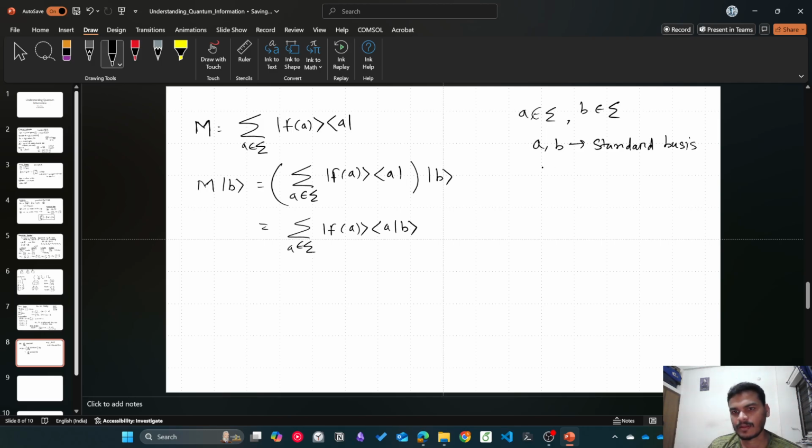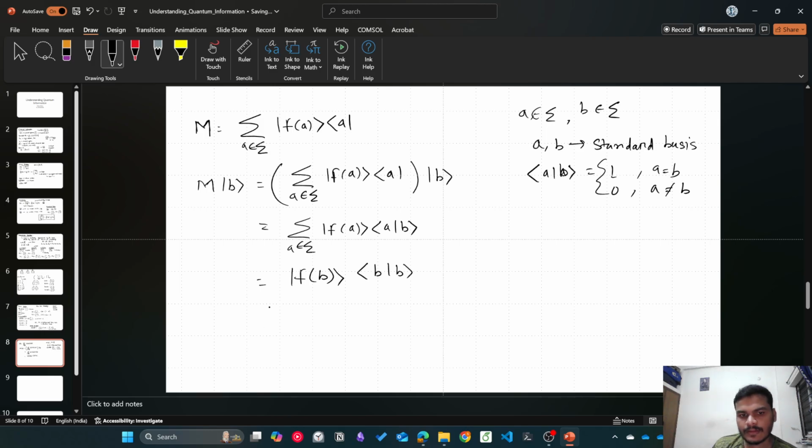That means this A, B will be 1 when A and B are equal, and it will be 0 when A and B are not equal. So in this case, only one term will survive when A equals B. So we'll get f(B) ket B, right? So this will become 1 and we'll get f(B).